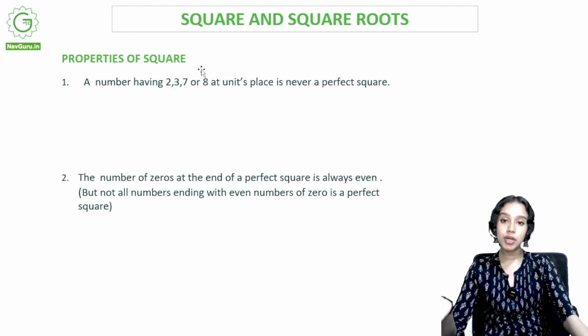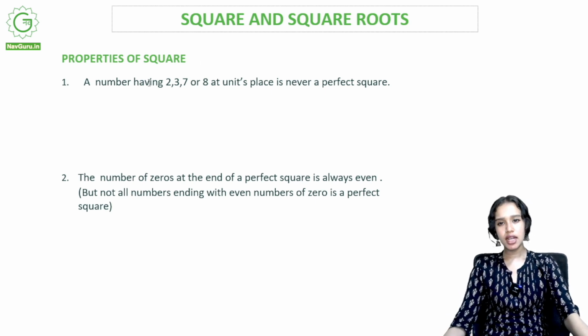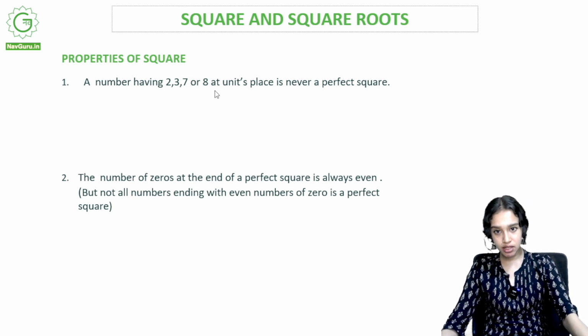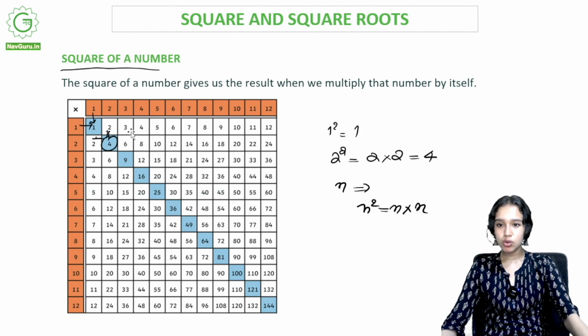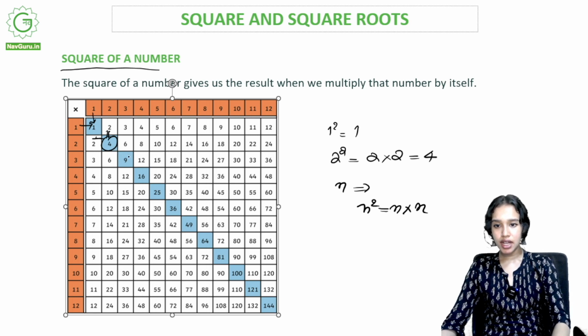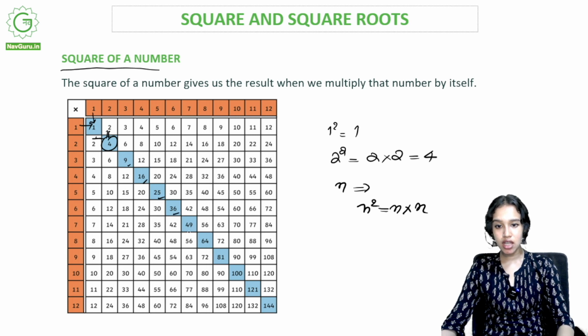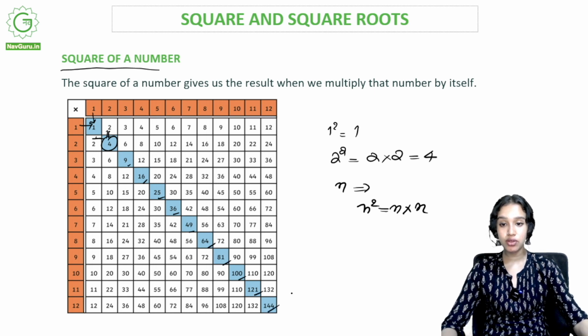Now let's see the properties of squares. A number having 2, 3, 7 or 8 at the unit place is never a perfect square. So why did we say that? Let's get back to the first slide. These are the perfect squares we have: 1, 4, 9, 16, 25, 36, 49, 64, 81, 100, 121, 144.